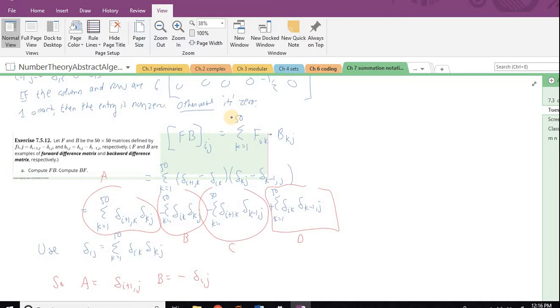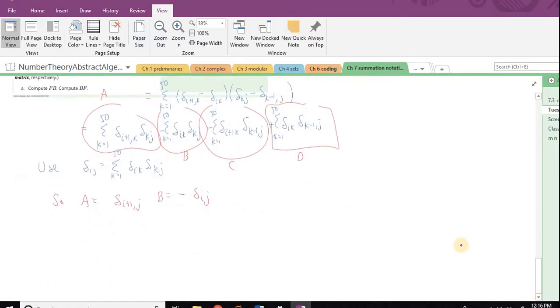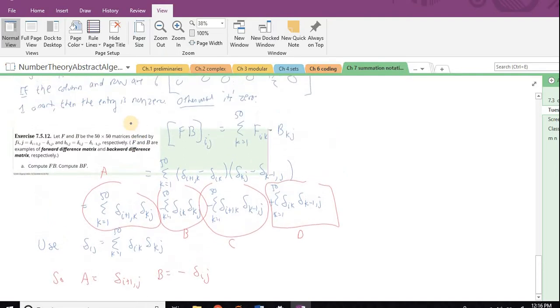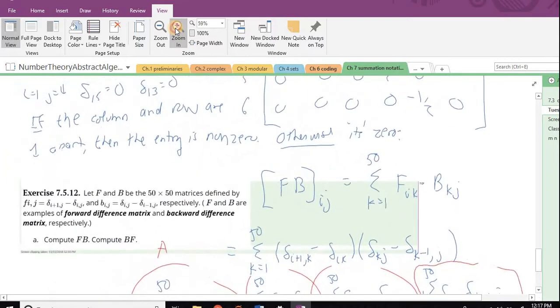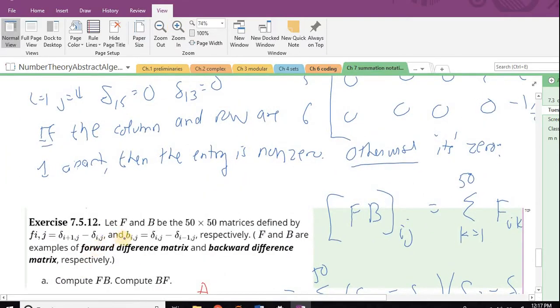Now this is actually not an easy problem. This is not an easy problem at all. And so if you remember, let me take you back to the problem. If you remember, the problem is that you have F and B, and Fij equals this funny stuff here, and Bij is this funny stuff here.